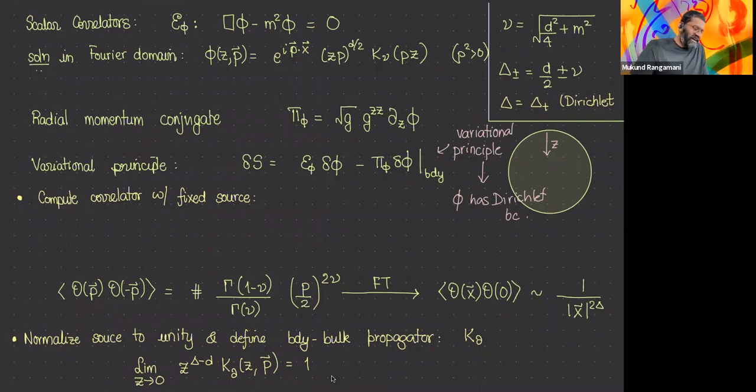So now I'll explain where that comes from. Let's look at what the solution looks like and how it behaves at the boundary, z equals 0. The Bessel function has two fall-offs, so we can look at the solution near the boundary.